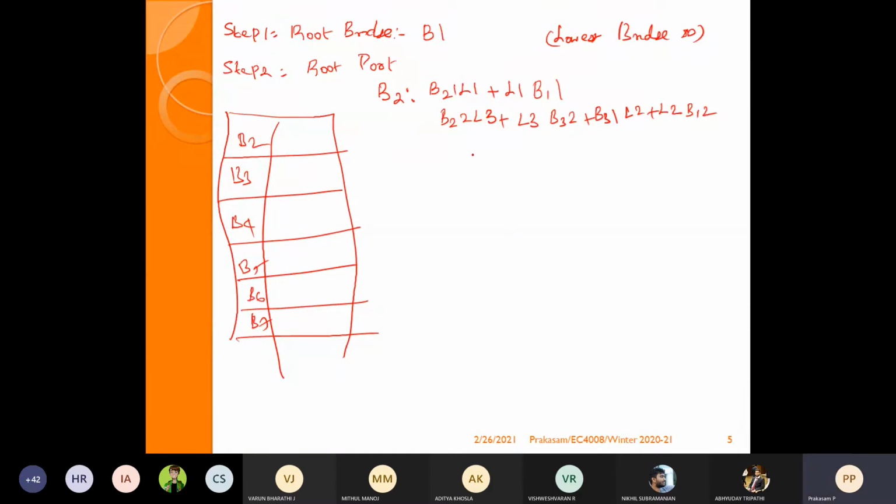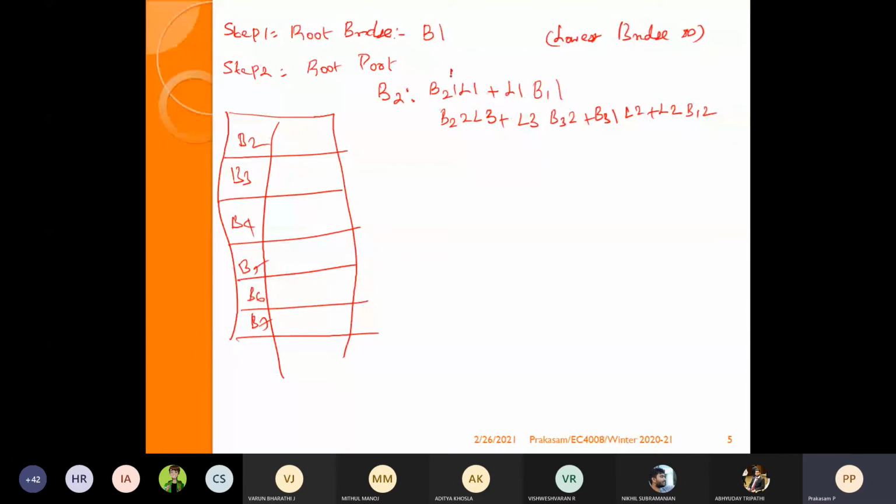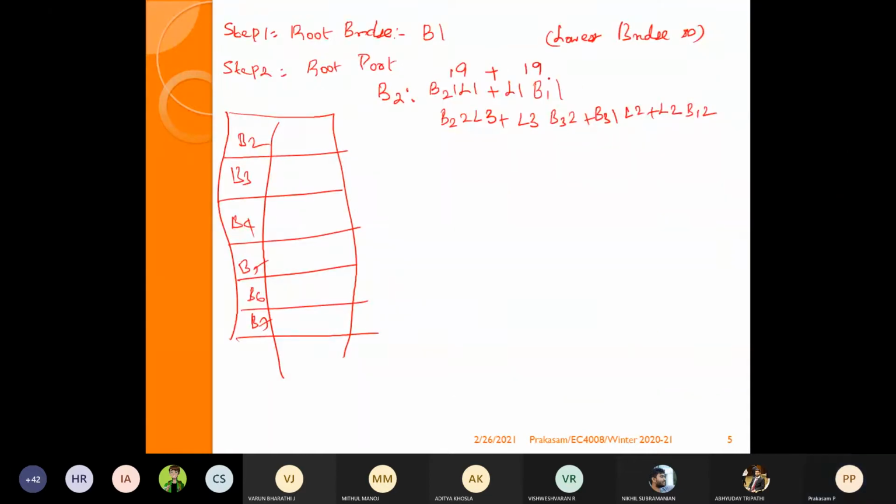Now I am going to calculate the cost. So what is B2 1 to L1? It is 19. So this is 19 plus L1 to B1 1, this is also 19. So the total cost is 38. Then the next path, path 2.